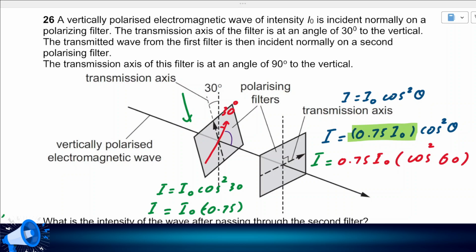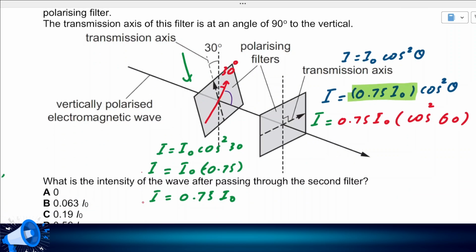So we get 0.75 times cos 60 squared. Yeah, 0.1875 I naught, which means 0.119 I naught.